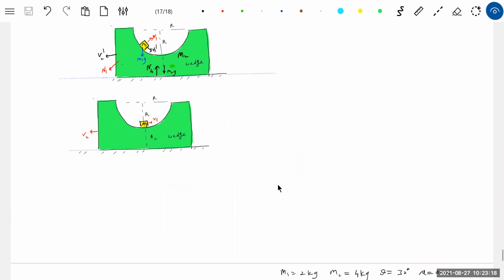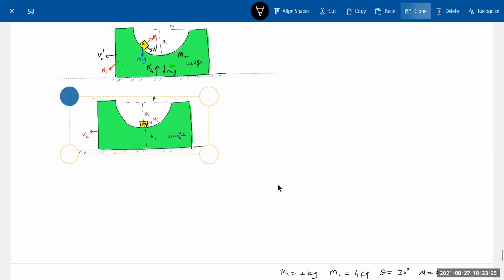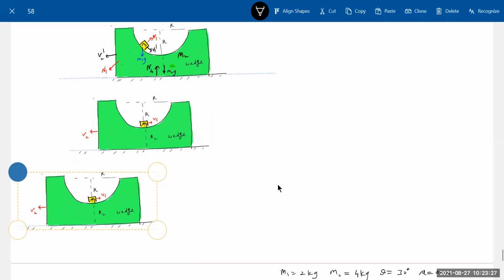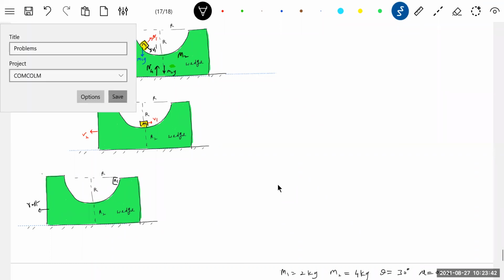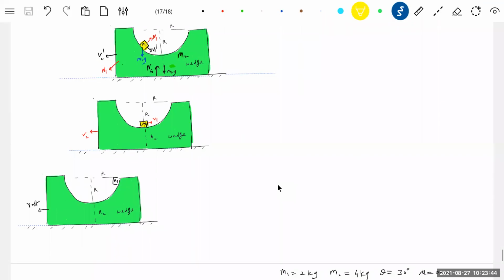So in the next sequence, what do you expect? The wedge should be at rest, and the block will also come to rest. For a moment, it will be at rest. Instantaneous rest.